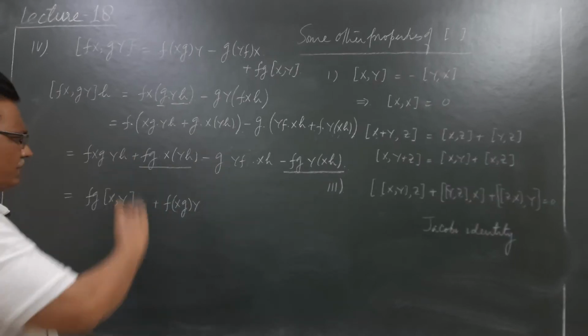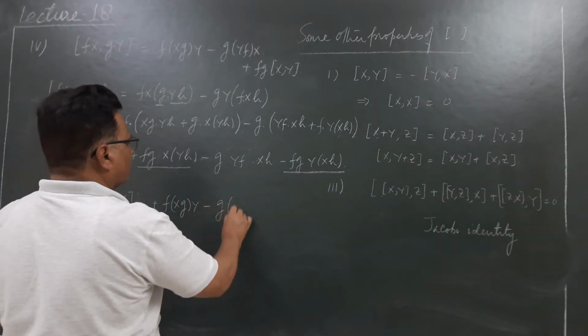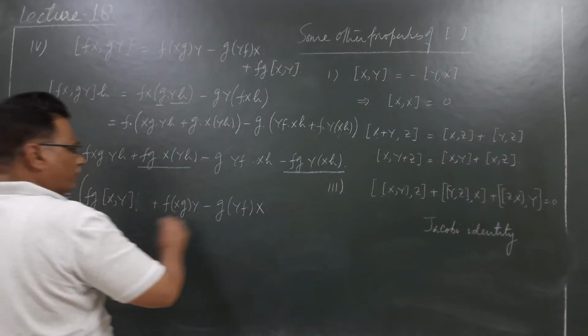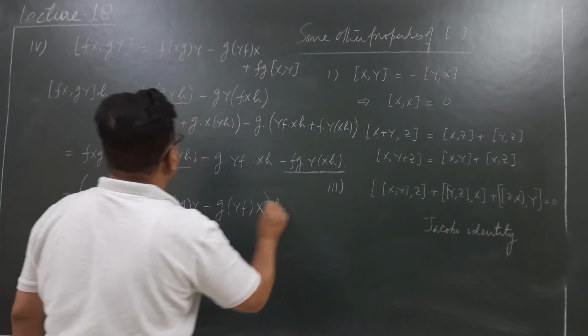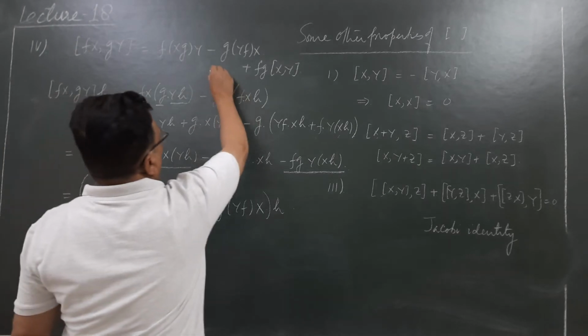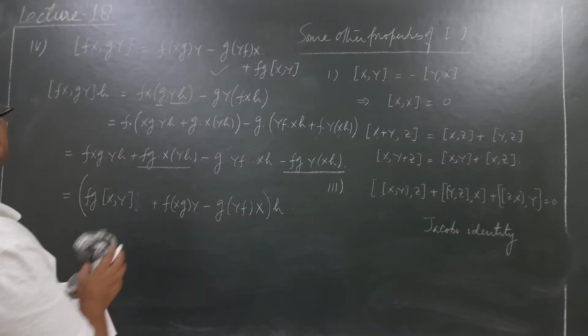In each term h is there. Minus g times yf into x, and the whole thing is operating on h. The left side is also operating on h, so you forget about h and you will notice that you have got it. Okay, so this gives me another property of Lie bracket.